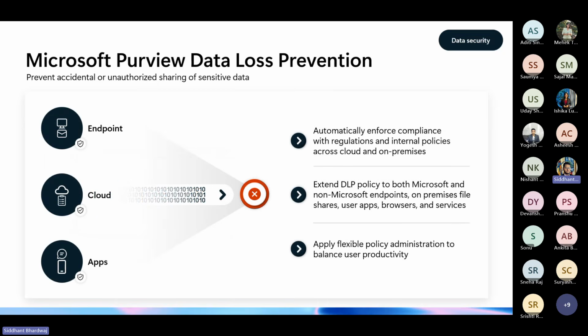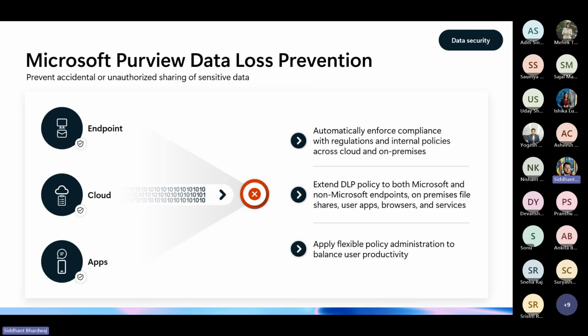The second part is Data Loss Prevention. Apart from classifying and protecting data, how do you actually enforce policies across your cloud and on-prem structures? This DLP is extendable to your endpoints, your cloud, and your applications. It automatically enforces compliance with regulatory or your internal policies, and extends to Microsoft and non-Microsoft endpoints.